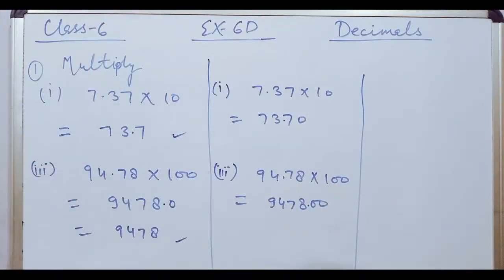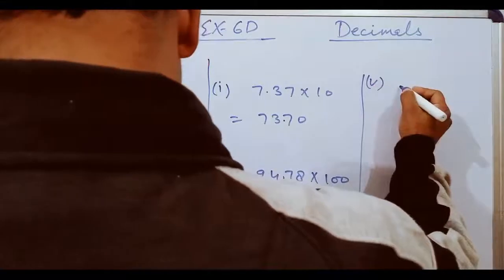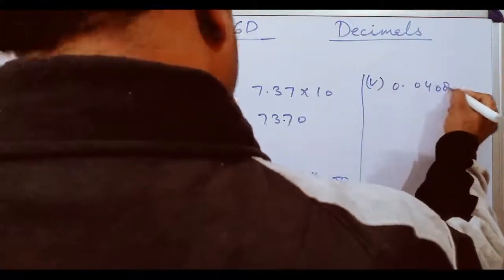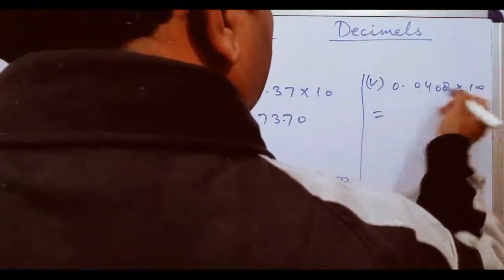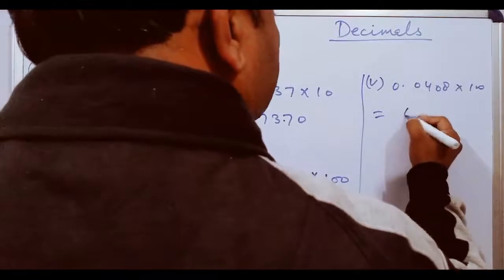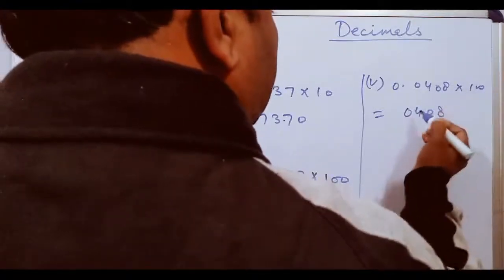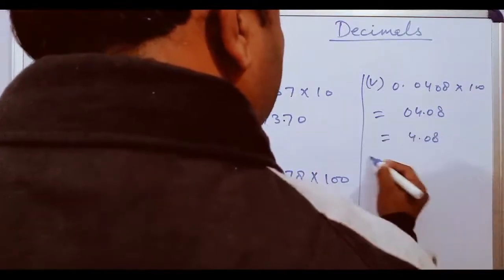Question number 1, fifth part. See, 0.0408 into 100. By any method you can do it. 0408 has two 0s, so 1, 2, here you put the decimal: 4.08.